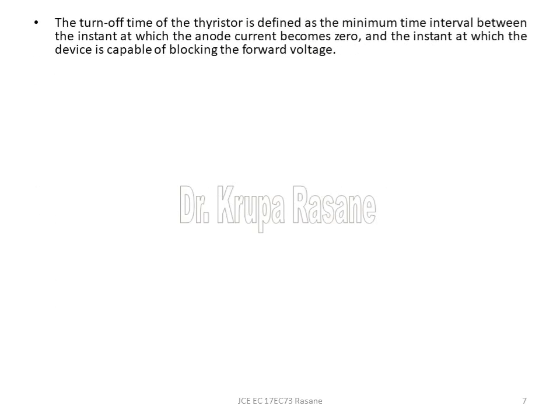The turn-off time of the thyristor is defined as the minimum time interval between the instant at which the anode current becomes zero and the instant at which the device is capable of blocking the forward voltage.